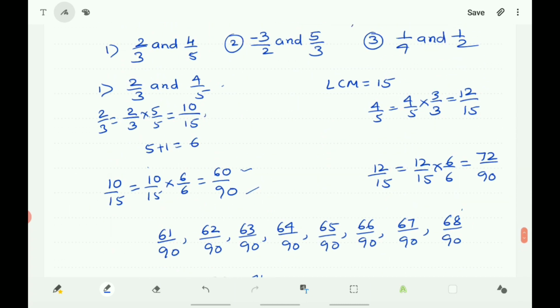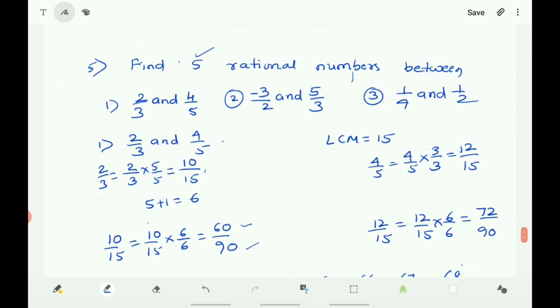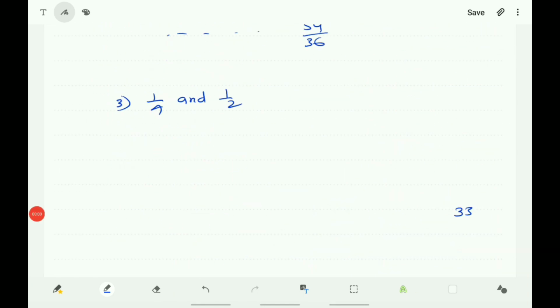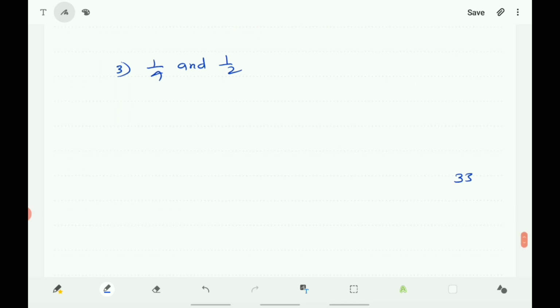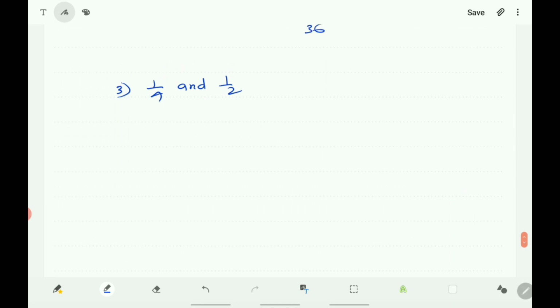Next number is here 1 by 4 and 1 by 2. Now you find 5 rational numbers between 1 by 4 and 1 by 2. Again here the LCM of 4 and 2 is equals to 4 here.